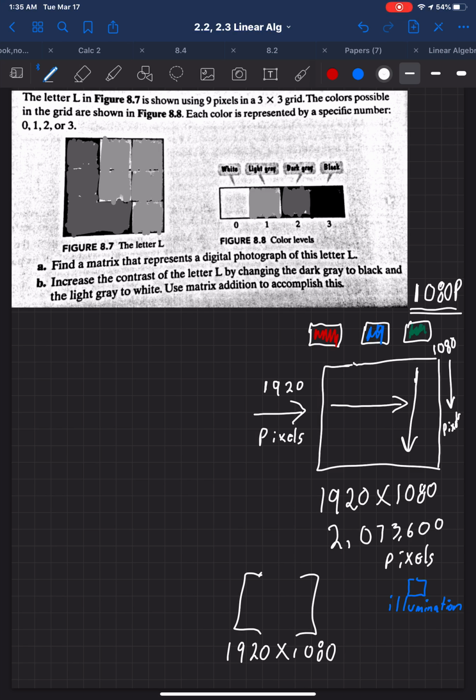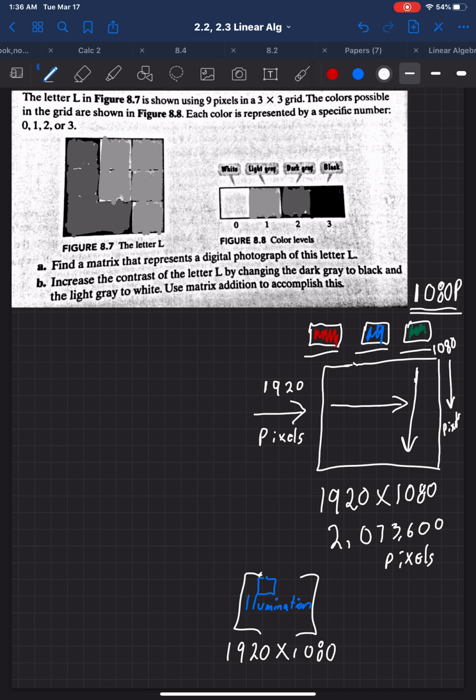But what's interesting is when we think of each little individual pixel inside that TV, each pixel has what we call 3 subpixels: red, blue, and green.